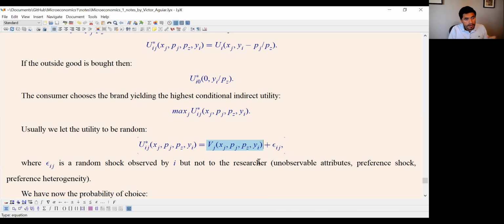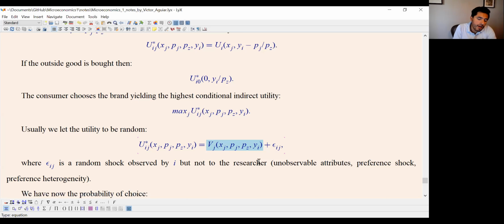And then every variation in behavior across individuals is going to come from a random shock. Okay. So epsilon here is a random variable that affects the utility of certain goods, either increasing or decreasing it.